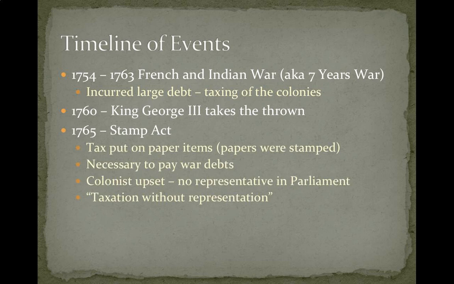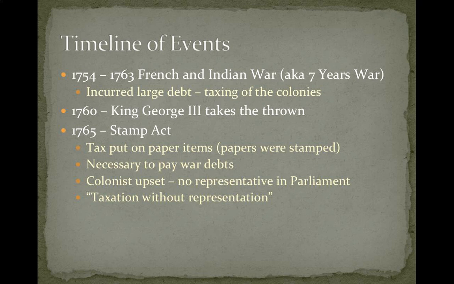And in 1765, what they do is institute what's called the Stamp Act, sometimes called the stamp tax. It was not a tax on stamps. It was a tax on paper items, whether it's documents, playing cards, newspapers, anything with paper. They had a stamp that when you purchased it, they would actually stamp the paper item itself.